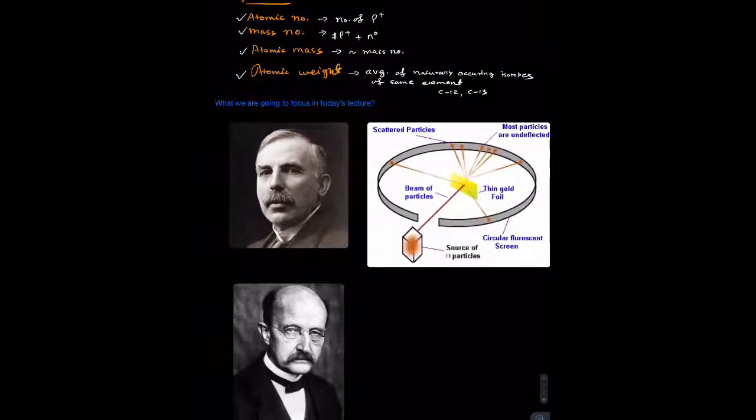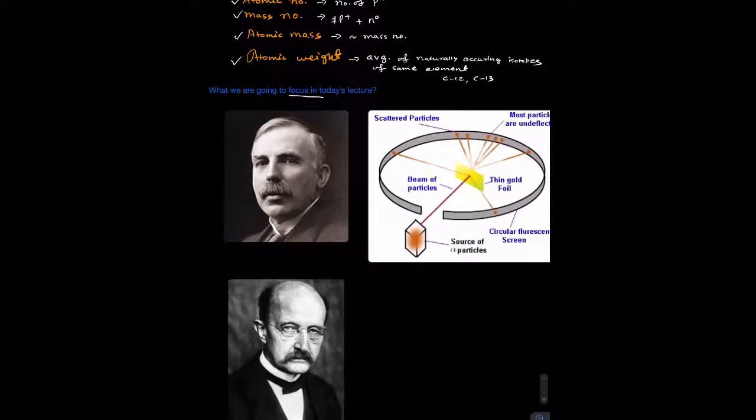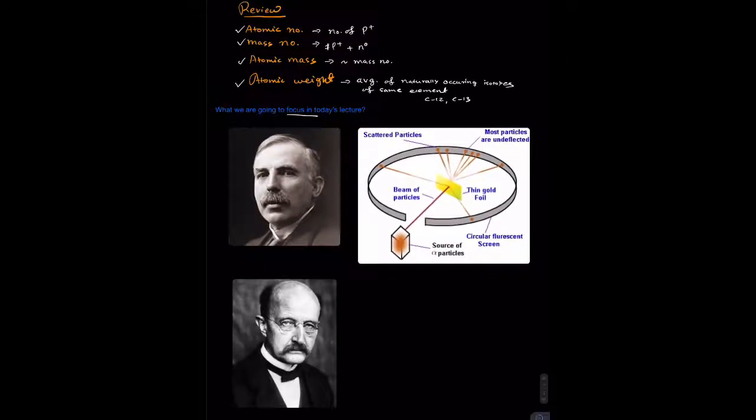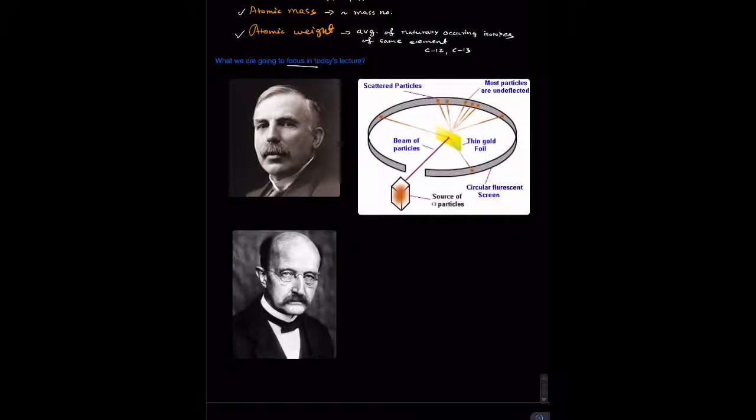So what's going to be the focus in today's lecture? We're going to talk about these two guys. If you know them, tell me their names. The first guy is Rutherford, and the second guy is Planck.